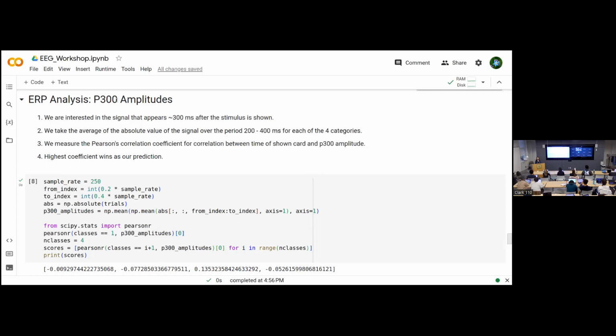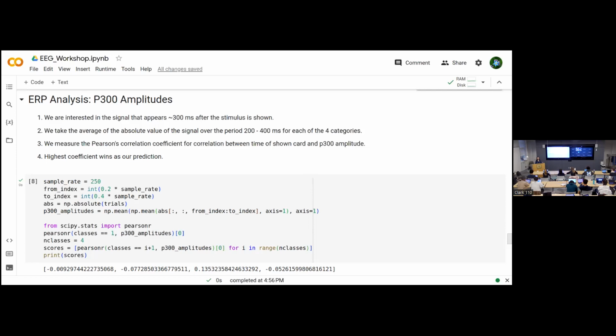So the P300 is a pretty popular, or pretty famous, ERP. It's very widely studied for ERP analysis. Essentially, it refers to a signal that appears about 300 milliseconds after a stimulus is shown.